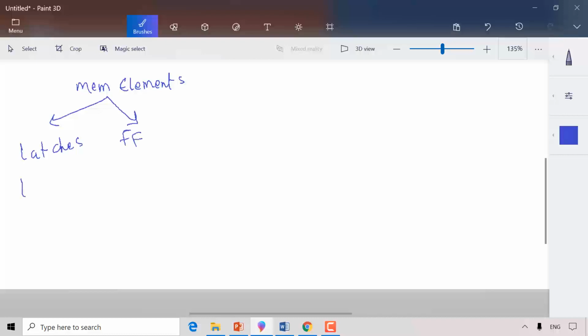Latches are level sensitive; they are synchronized by the level of a clock. We mentioned earlier that flip-flops are edge sensitive.